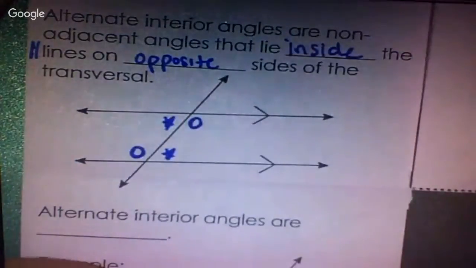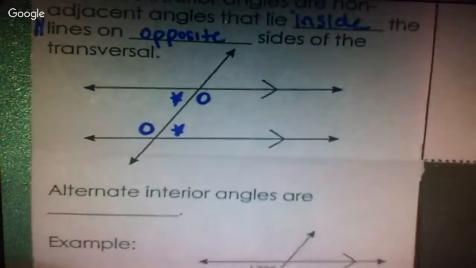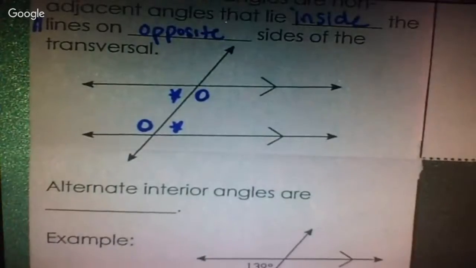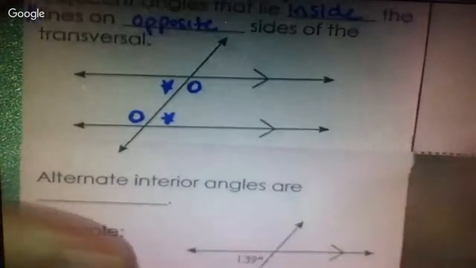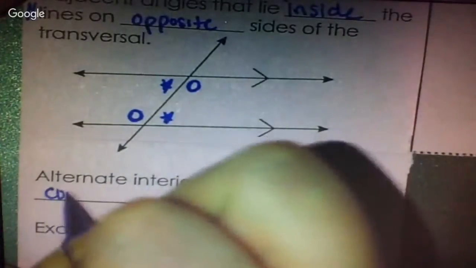Or I can look at this angle and this angle. This does not say same side, which means that these angles are congruent. The only ones that are going to be supplementary are your same side, S and S. Everything else is going to be congruent.